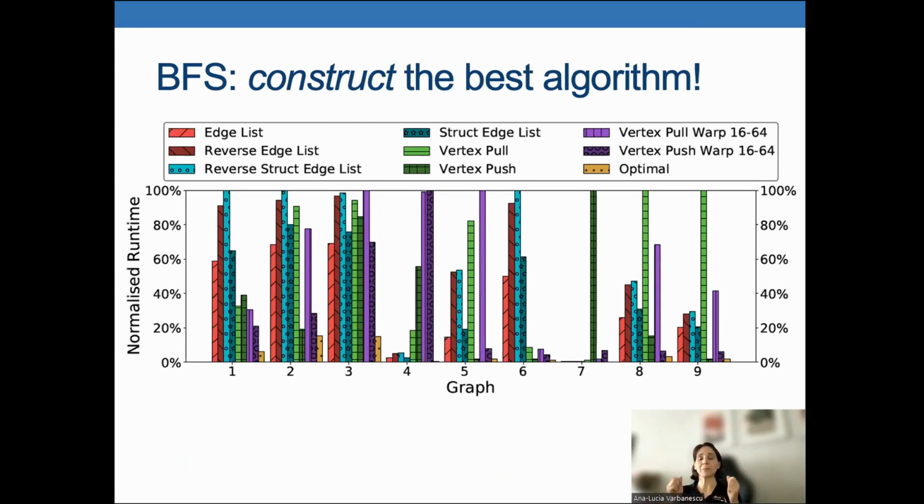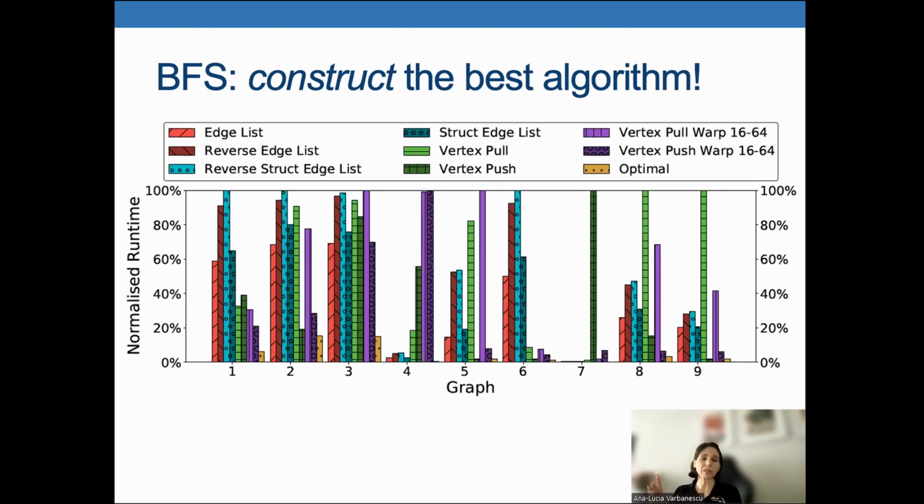So instead of trying to guess what is the best overall algorithm for a given graph, we shall construct it by modeling at every level what is the best possible. By determining at every level what is the best algorithm, and then stitching together these different levels in every iteration.